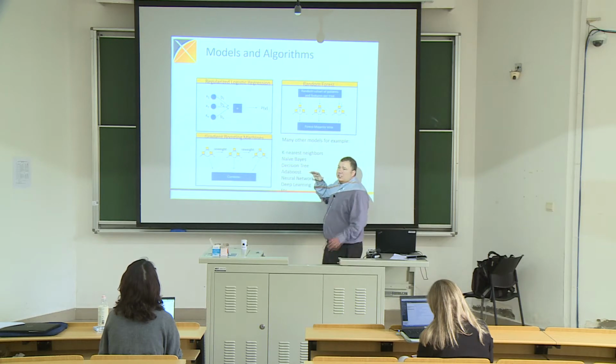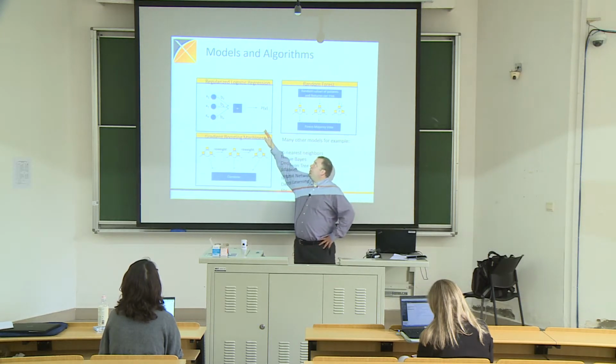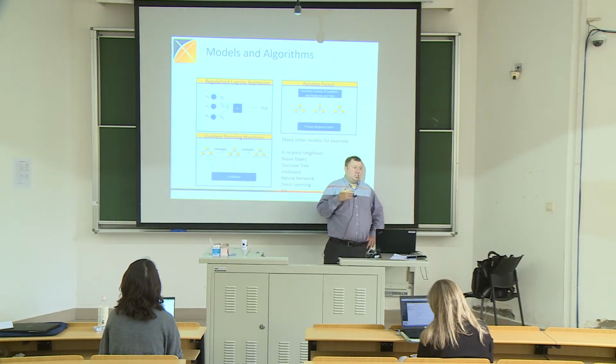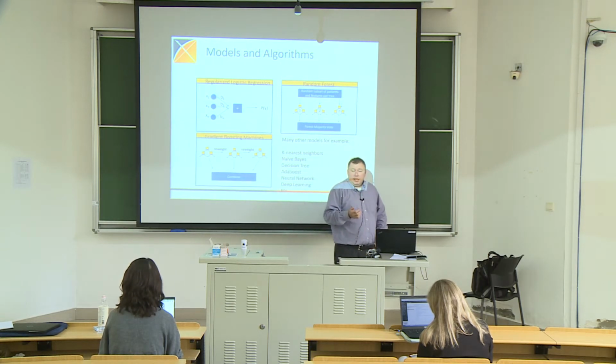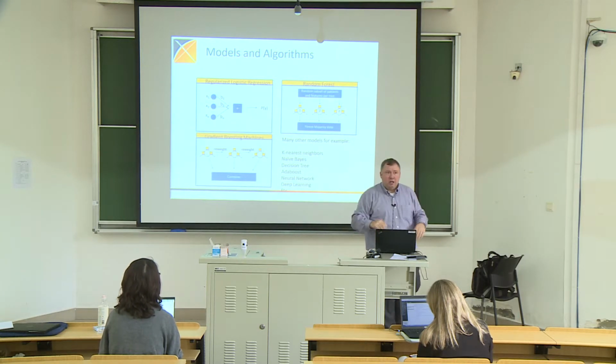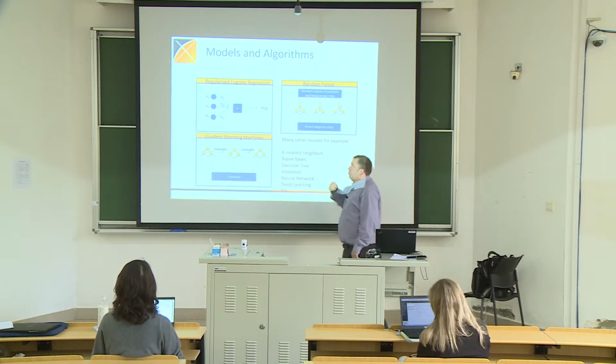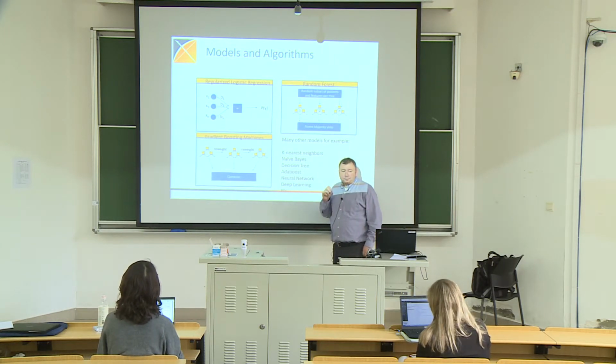In terms of words that you might see when you read the literature, the most common thing that you'll see is people use a logistic regression. And a logistic regression is like that mathematical formula that I showed earlier. It's a linear combination of variables to produce a predicted probability.